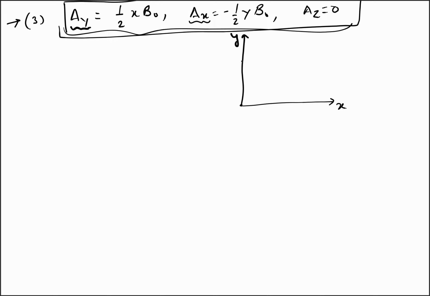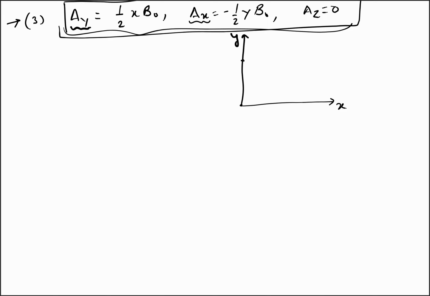That is, if I am here, the y component will be 1 by 2 x B naught, and Ax will be minus 1 by 2 y B naught.